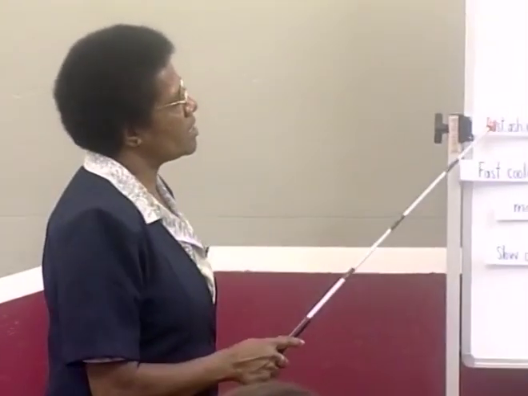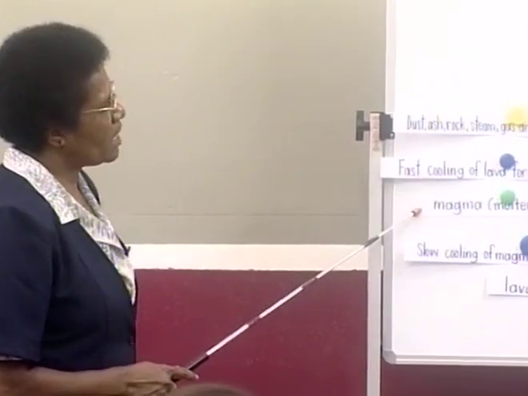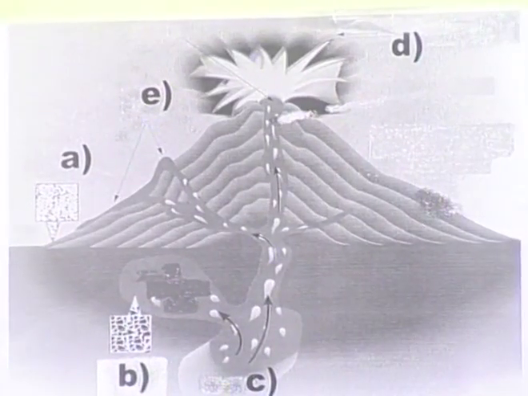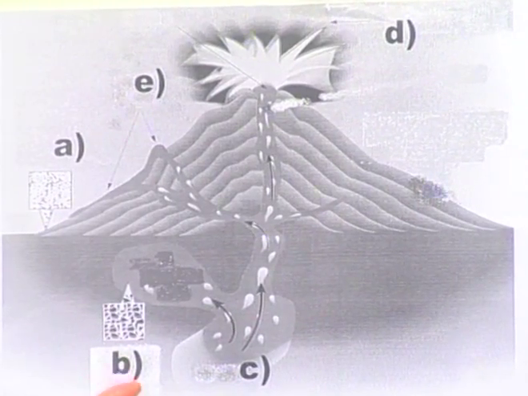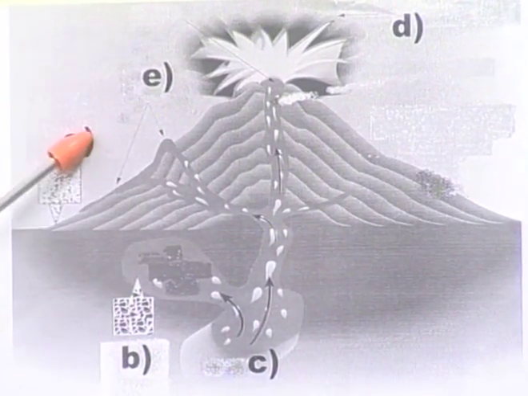Our first activity was to label the diagram with the correct volcanic activities. Now I have the flashcards with the different volcanic activities, and we have the diagram there with letters A to E.